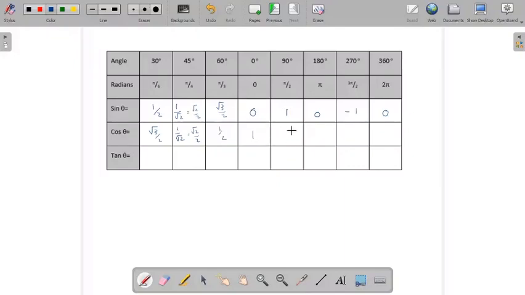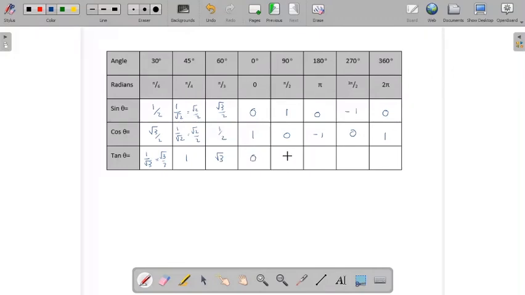For cos, cos of 0 is 1, cos of 90 is 0, cos of 180 is -1, cos of 270 is 0, and then cos of 360 is 1. Then tan of 30 we said was 1 over root 3, or root 3 over 3. Tan of 45 is 1, tan of 60 is root 3, tan of 0 is 0.